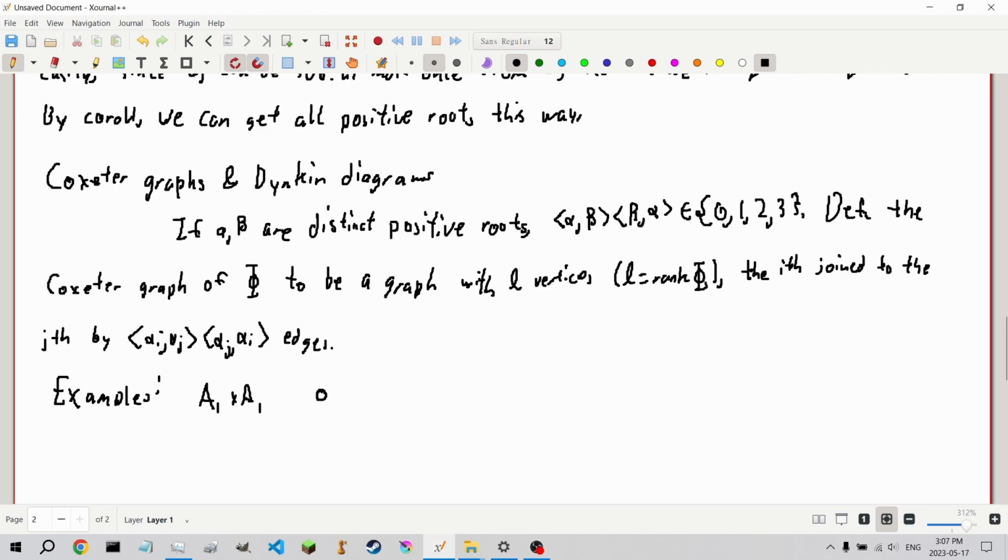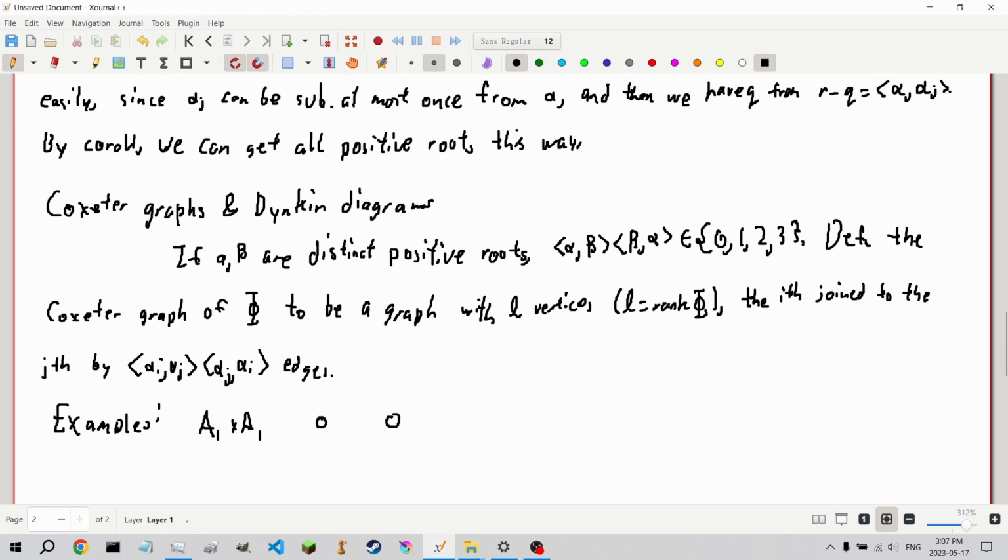And going back again to our 4 examples, we have A1 times A1. These are all our diagrams of rank 2. Remember, last time our 2-dimensional ranks. A1 times A1 is just 2 vertices with no edge.